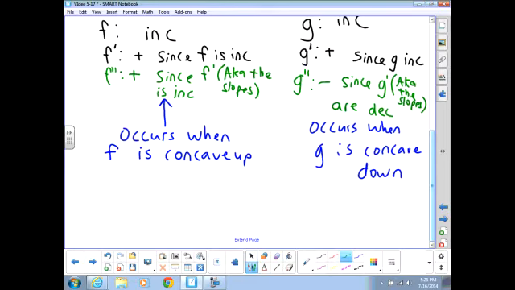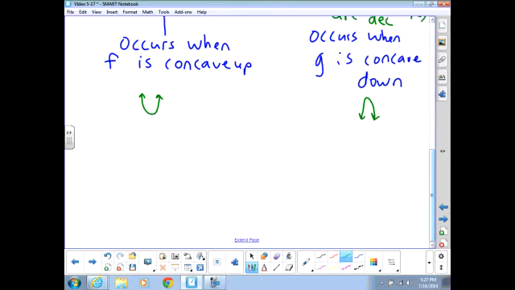Now, a simple example of a concave up function would be like an x squared. Okay, it is always concave up, it's opening up. A concave down would be like negative x squared. One that has elements of both would be like an x cubed.